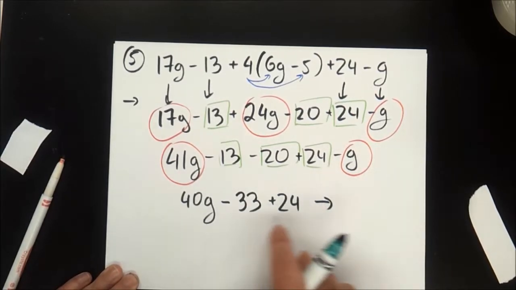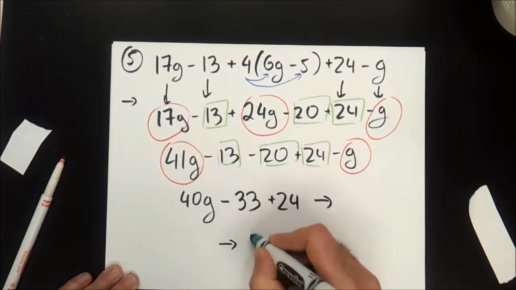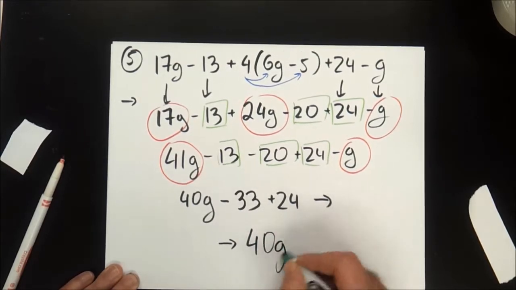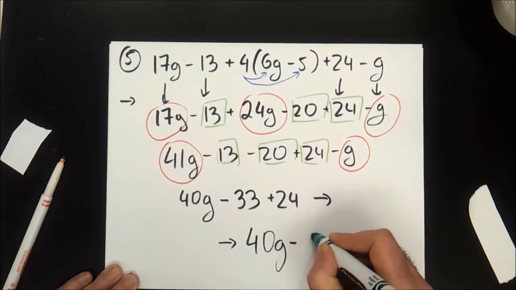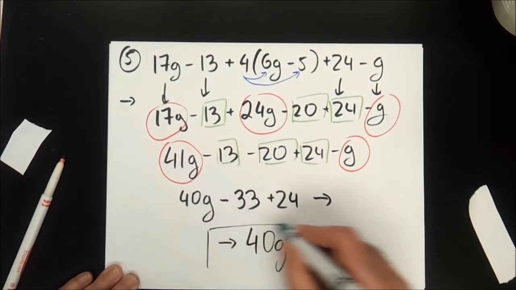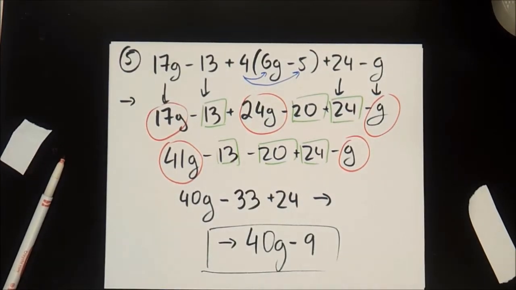And then I just need to combine these two constants here. So the final answer is 40g, negative 33 plus 24, that's going to be a negative 9. And unless I did my math incorrectly somewhere in there, which is a possibility as you probably have seen so far, that should be the right answer.